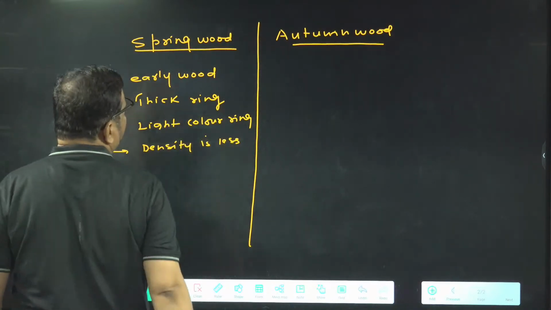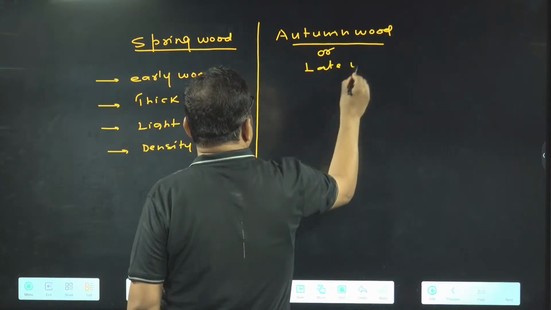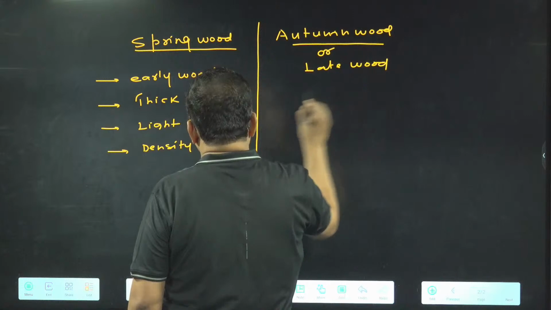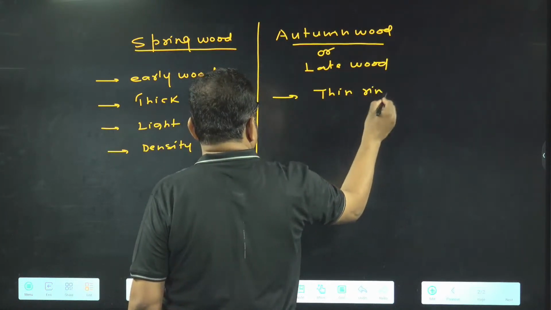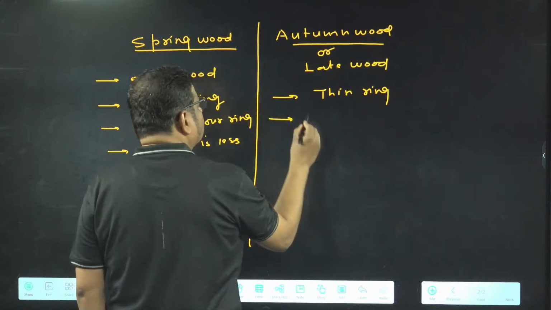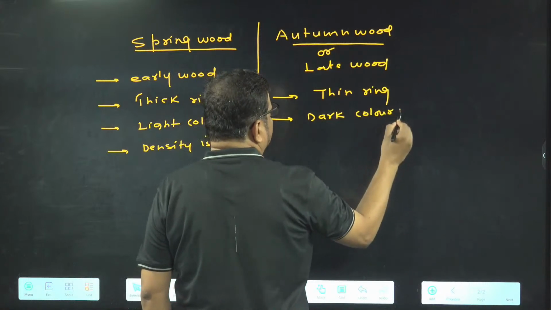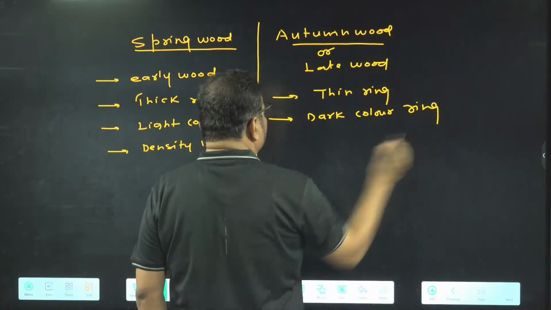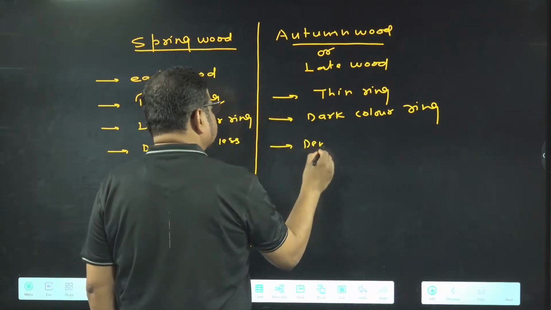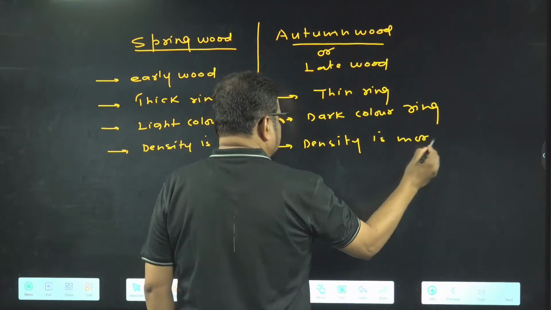And if we talk about autumn wood, it is also called which one? Late wood. It is a thin ring, but a dark color ring. Density is more.